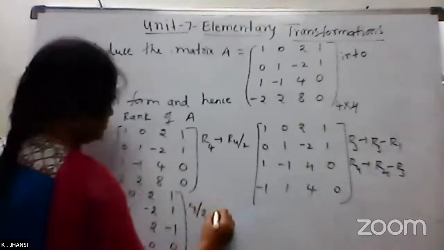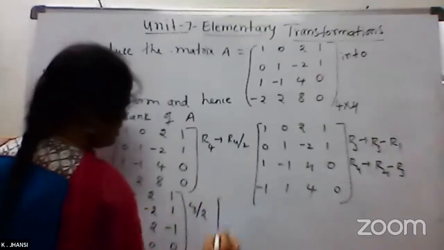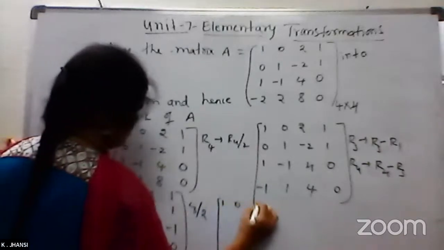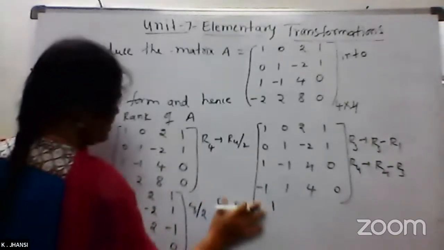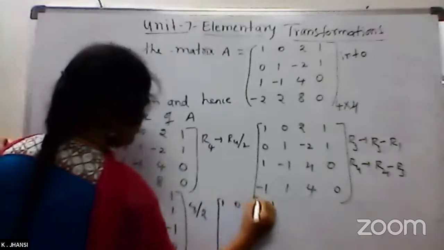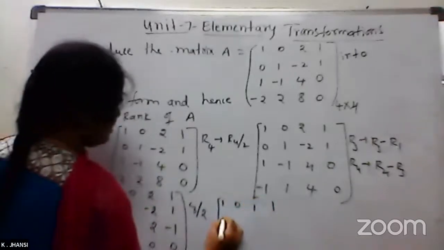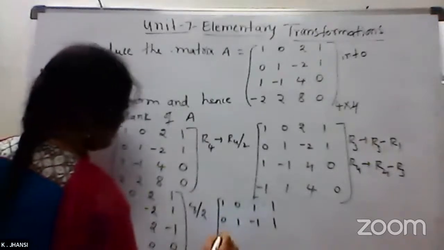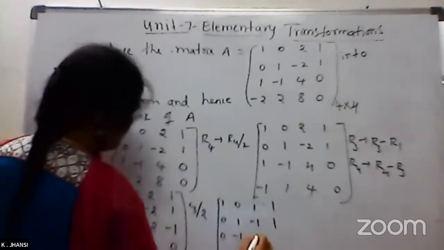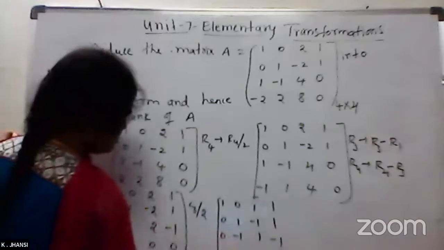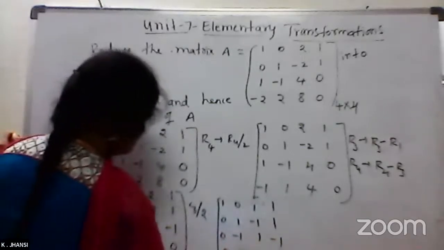Sorry, dividing by 2, no. So you will get 1, 0, 1, minus 1, 1, 0, minus 1, 1, minus 1, 0, 0, 0, 0.